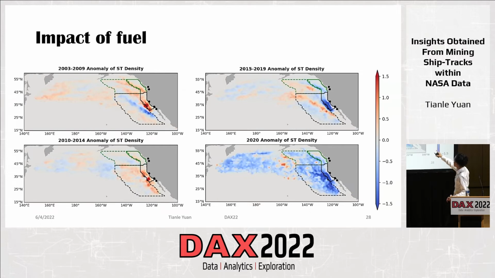And you can immediately see, most interesting, in this period, 2015 and 2019, the zones close to the California and West Canada coasts are called emission control areas. So ships sailing under these areas have to be using clean fuels.